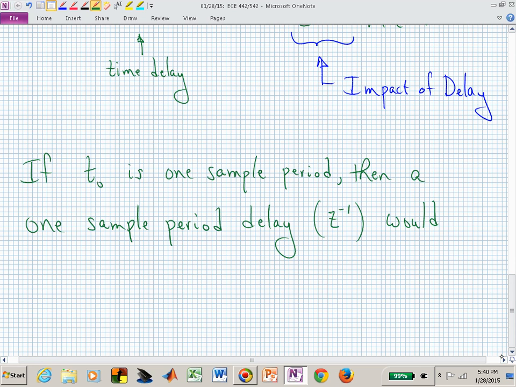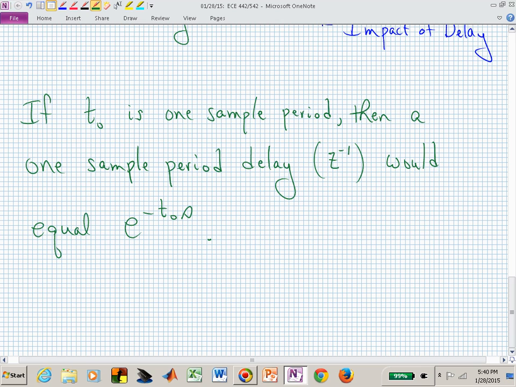If we compare that with the s domain representation of a delay, then z to the minus 1 would equal e to the minus t sub 0 s, if t sub 0 represents one sample period. If we're sampling at 10 milliseconds, 0.01 seconds, then t sub 0 is 0.01, and we would just put in e to the minus 0.01 s is equal to z to the minus 1.